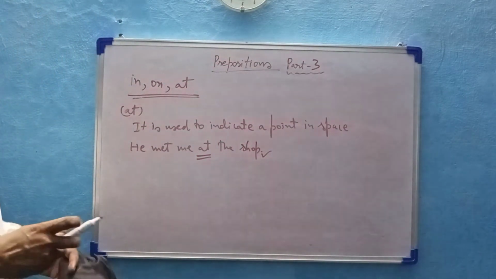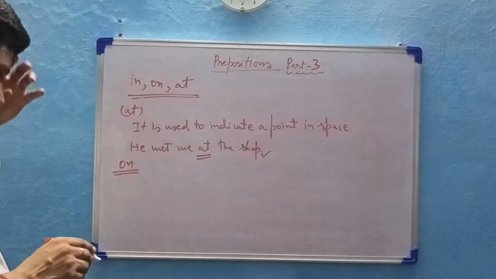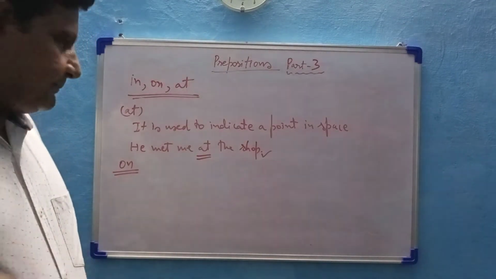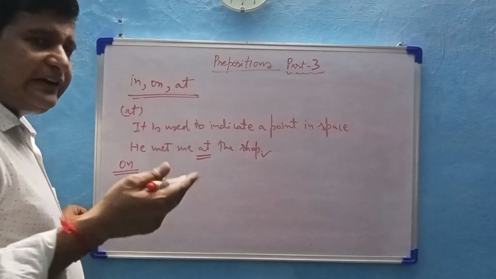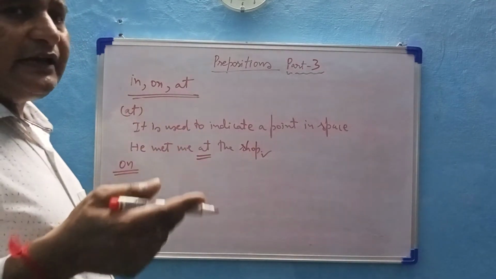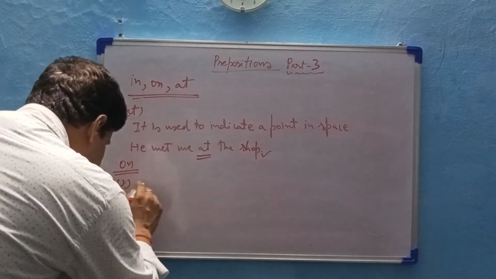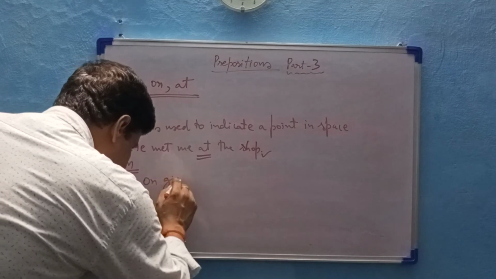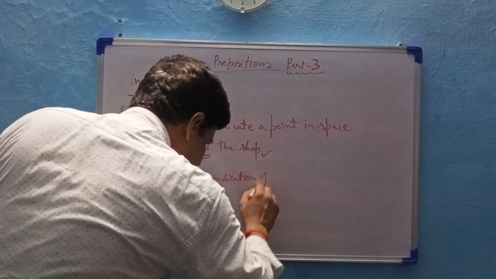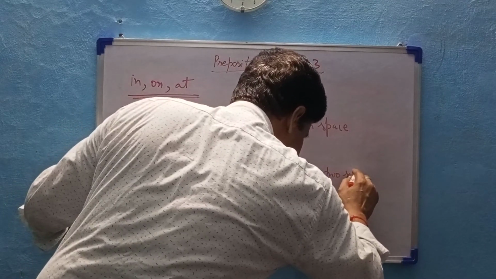Now let us understand the use of on. On is also used for place as well as for time. So firstly understand how it is used to indicate the place. On actually gives the indication of contact between the two surfaces.